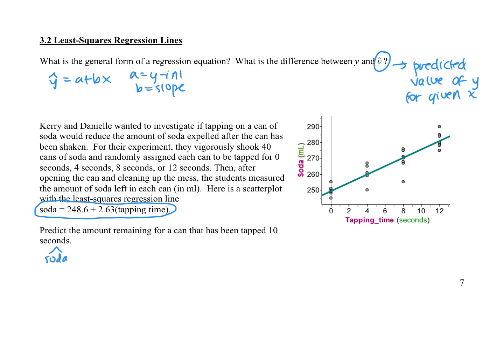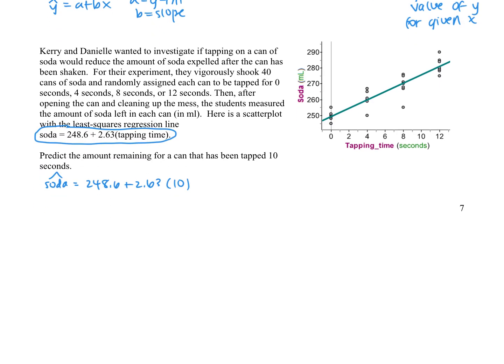That hat means prediction. So using our equation, we would have 248.6 plus 2.63 multiplied by that 10 seconds. Of course, you need to show that work. I will tell you that ends up being about 274.9 milliliters.